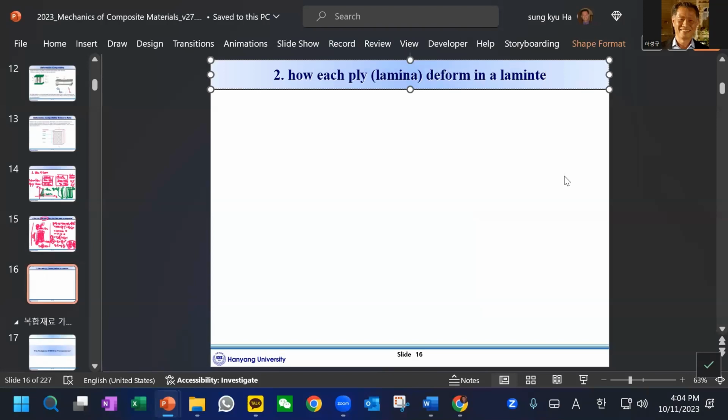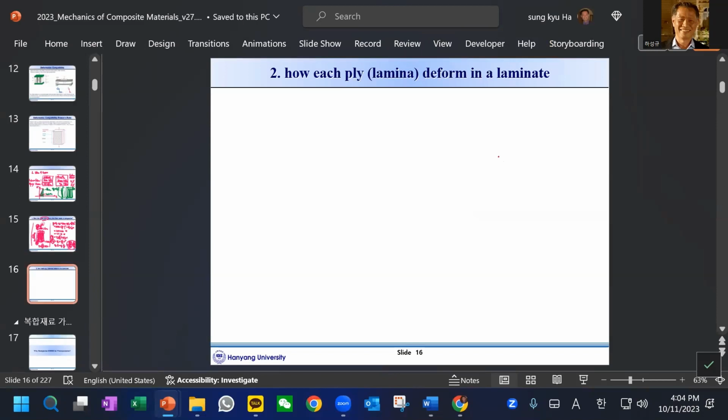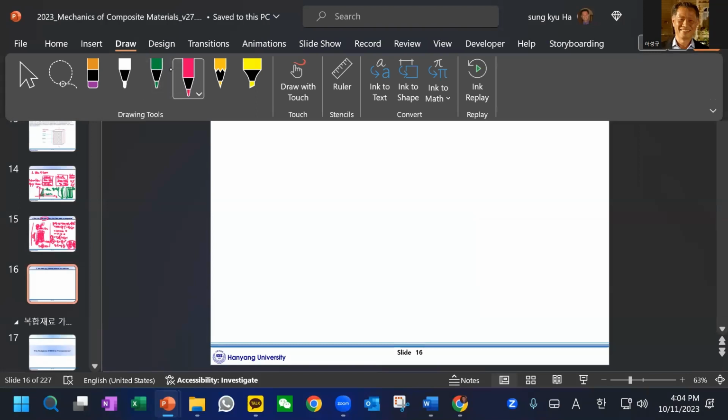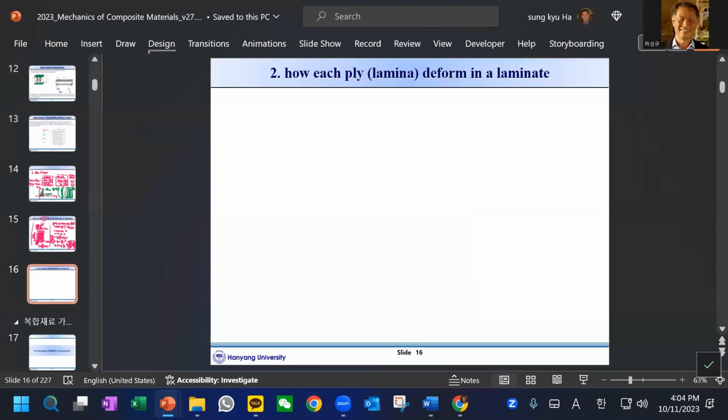Laminate means that, let's say we have one ply with a certain material, just to forget about the composite material for a while, let's say this is the A material, and another layer, this material is the B material.